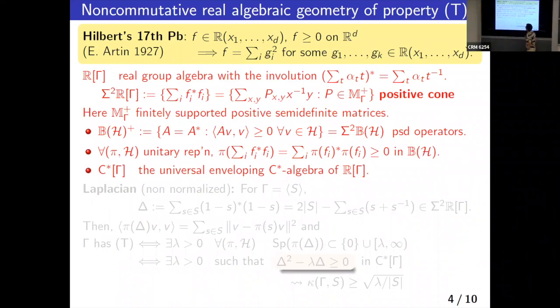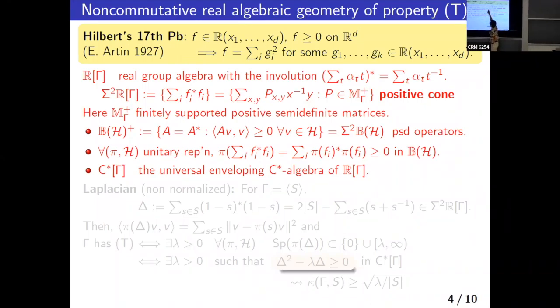Today I work on the real group algebra with the involution. You need the involution to form Hermitian squares, to make elements always positive. The positive elements are sums of Hermitian squares, which are easy to compute in this case, being nothing but positive semi-definite matrices indexed by gamma, finitely supported.